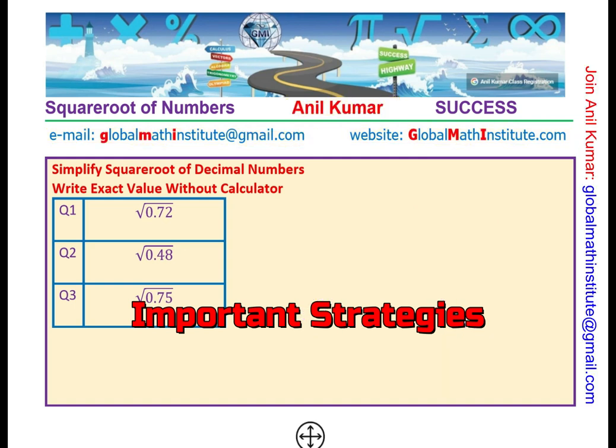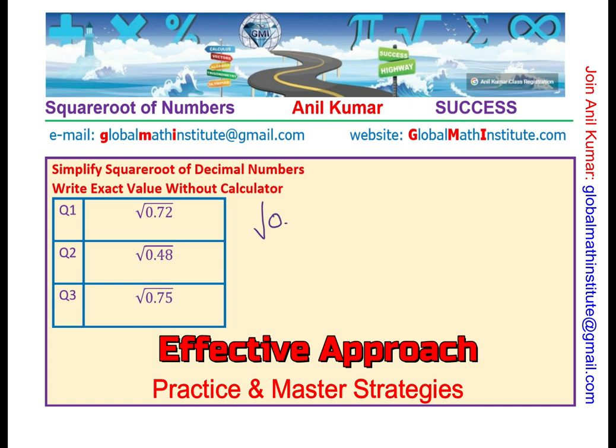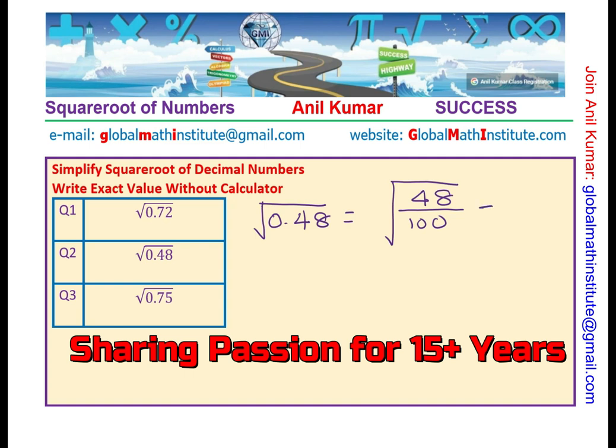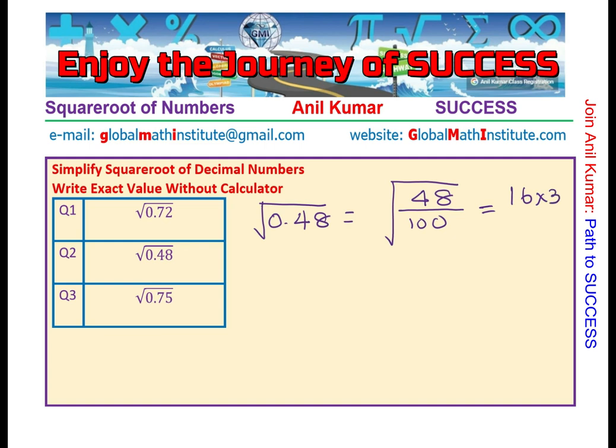So this time we'll work with square root of 0.48. First step, write it as a whole number 48 divided by 100, which is 0.48. Now 48 is 16 times 3, right? And square root of 100 is 10.